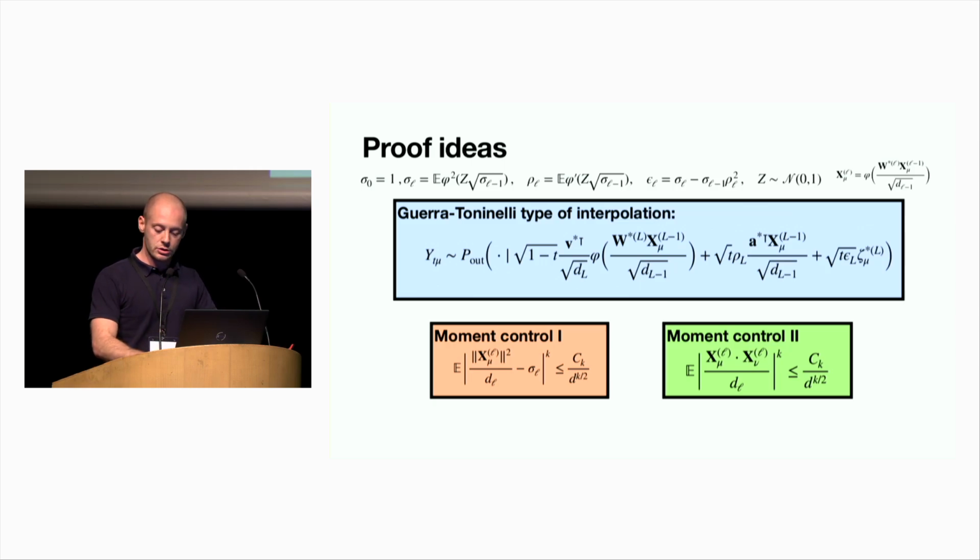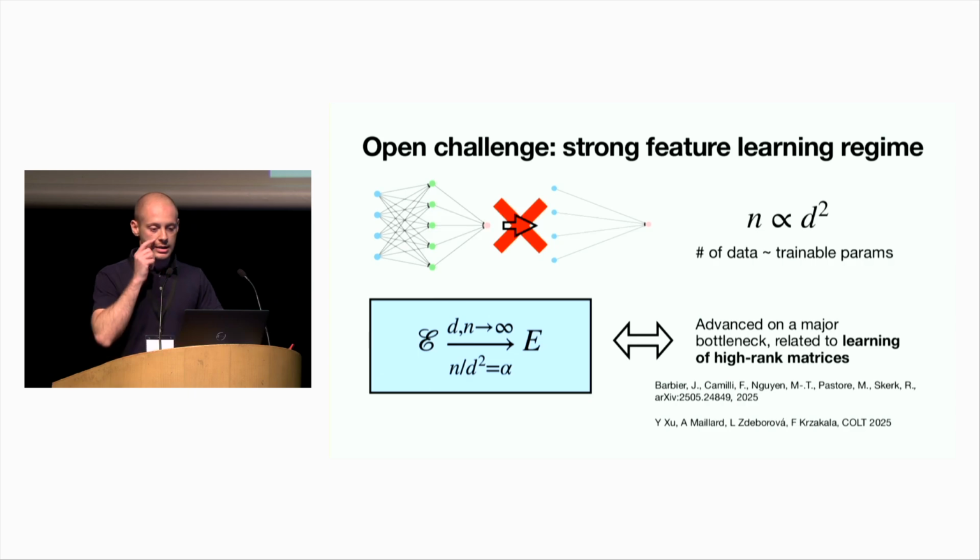I would like just to conclude with this last slide with an open challenge, and then I'm done. So we have evidence instead that when n, the number of data disposal, is proportional or a suitable fraction of the number of trainable parameters, this linearization does not occur anymore, and the application of this Gaussian equivalence principle breaks down.